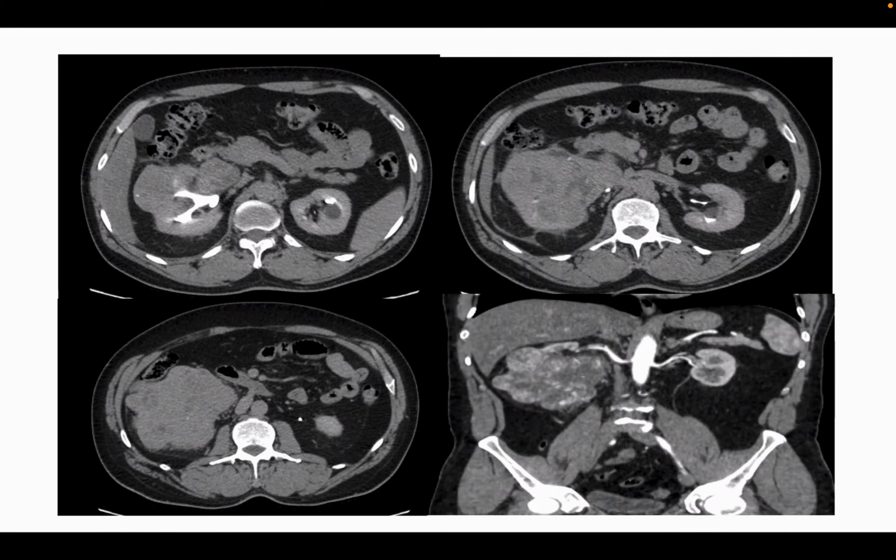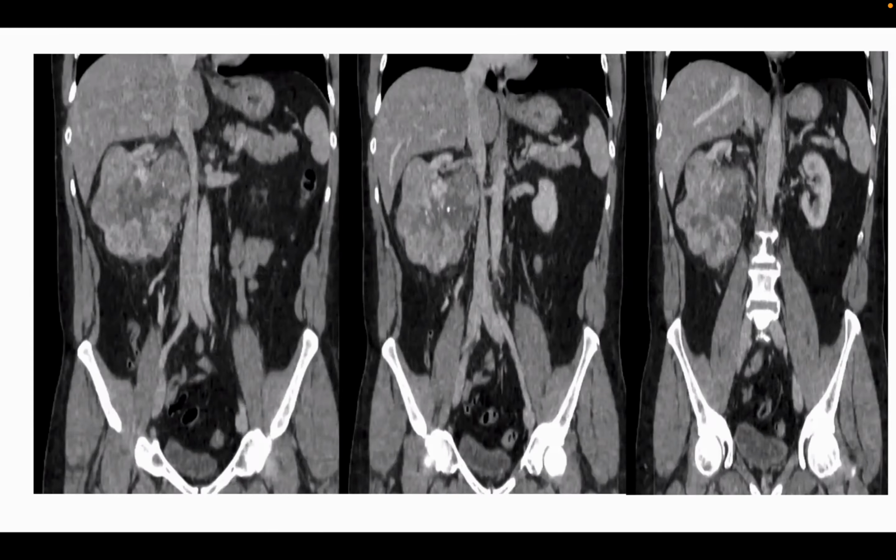What will you do for the right side? Are you happy with all the images provided? No, sir. What is your concern? Not sure about the evidence of renal thrombus, sir.